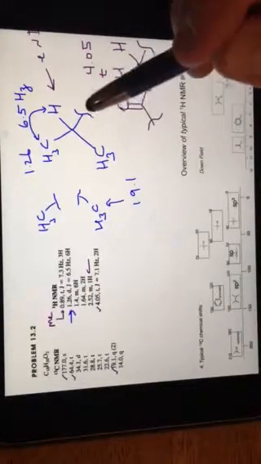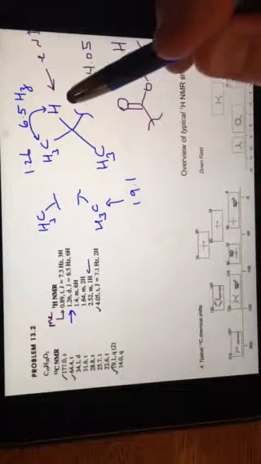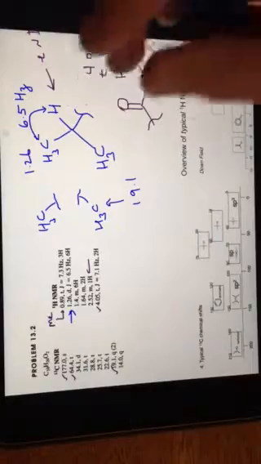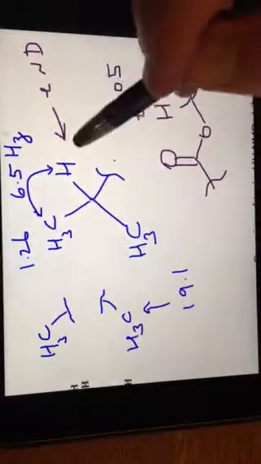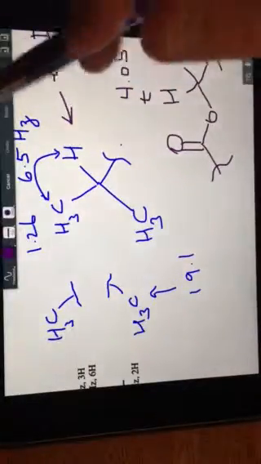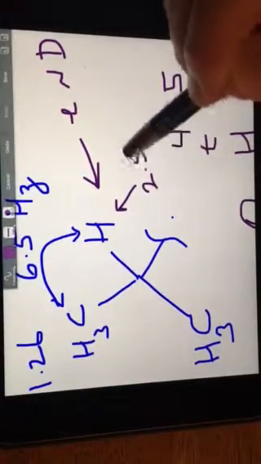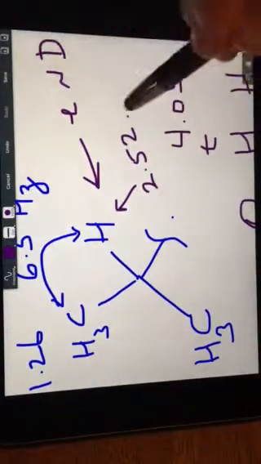So remember, we have this isopropyl group, and that is a hydrogen that is really consistent with an assignment, that we're going to assign as 2.52.